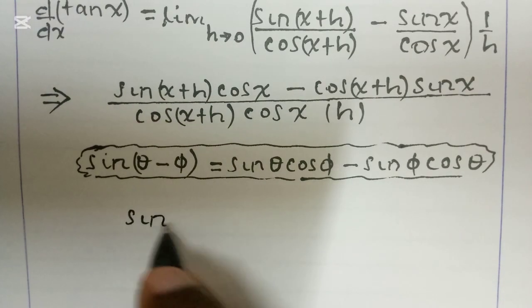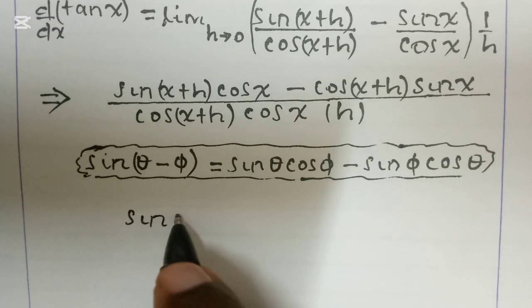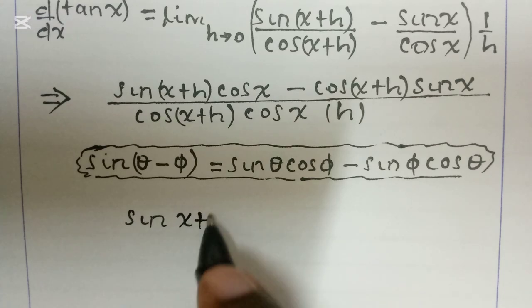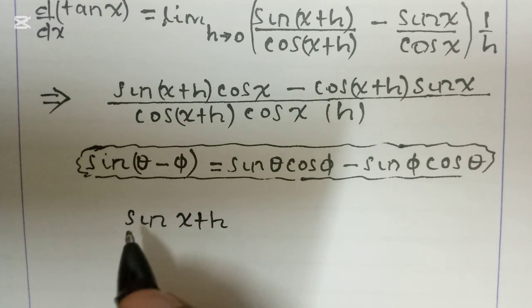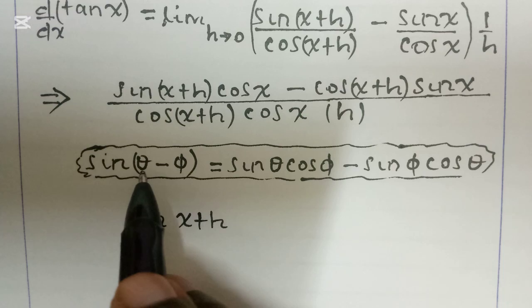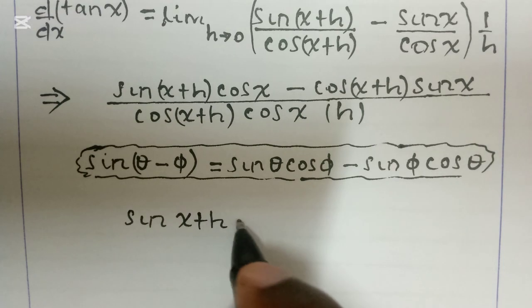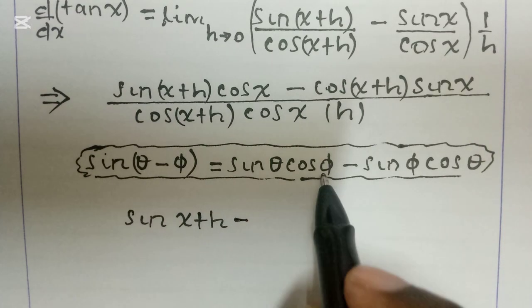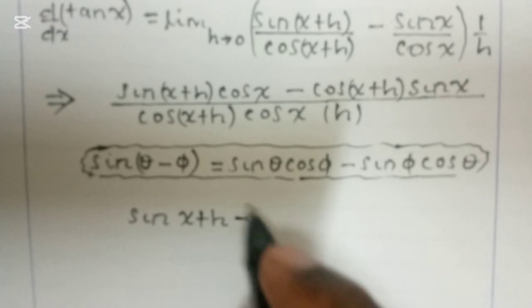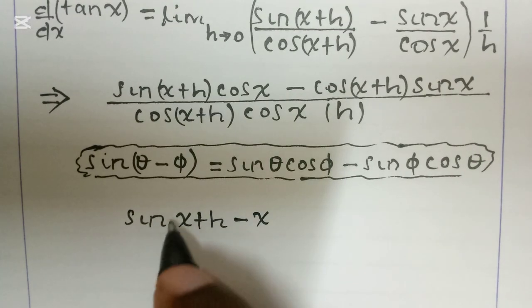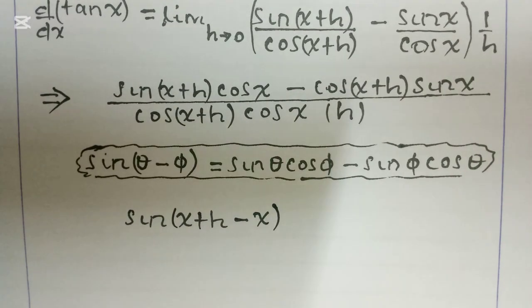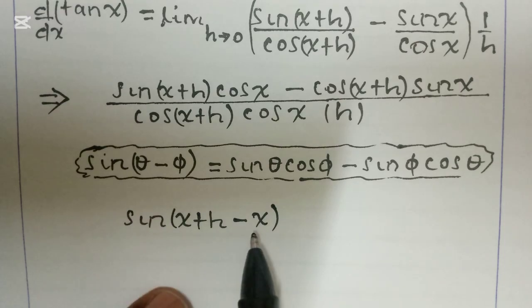Then we shall have sin of x plus h, which we are calling our theta in this case, minus our phi, which would be x. That is how we could do it, because if you expand this one, you will get something like that.